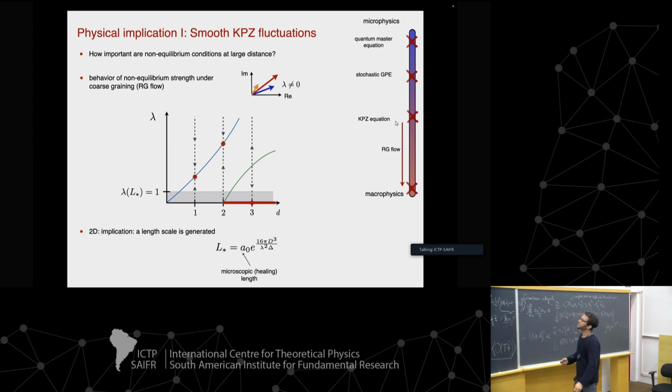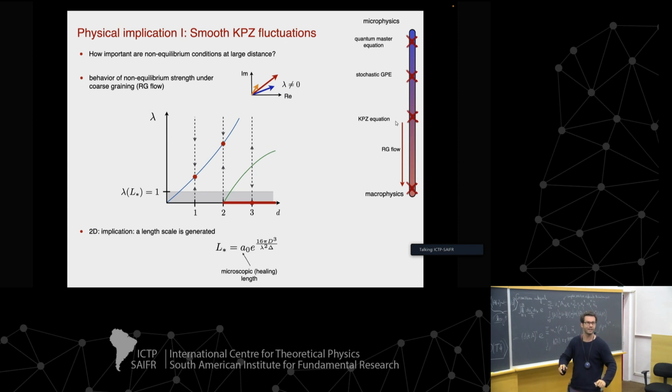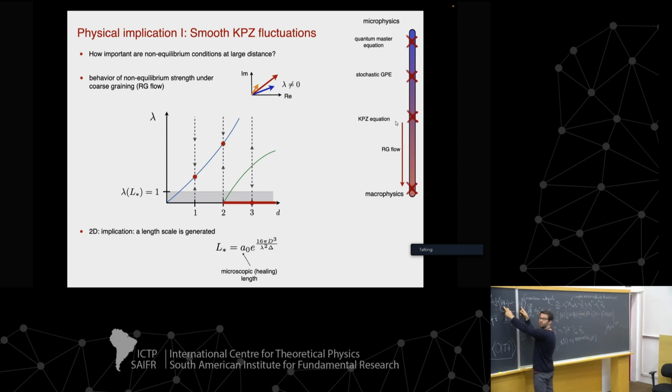Now, at distances way above this length scale, we pretend we are very close to this new strong-coupling non-equilibrium KPZ fixed point, as it's called. And then we have to re-evaluate this correlation function.